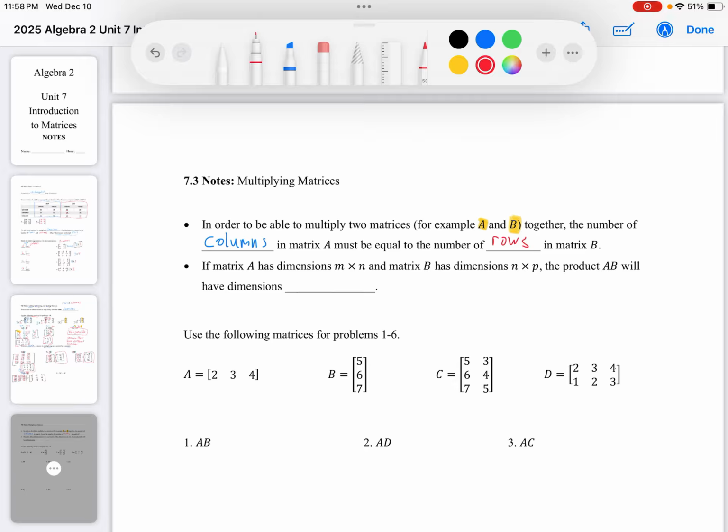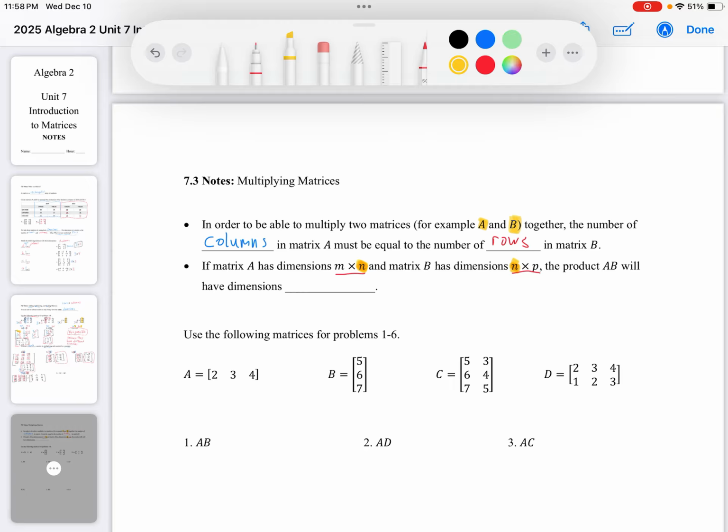So if matrix A has dimensions of m by n, and matrix B has dimensions of n by p, these would be able to be multiplied together because they have the same middle number, where the number of columns in matrix A, the n, is the same as the number of rows, the n, for matrix B. As long as the second number for matrix A and the first number for matrix B match, then they will be able to multiply.